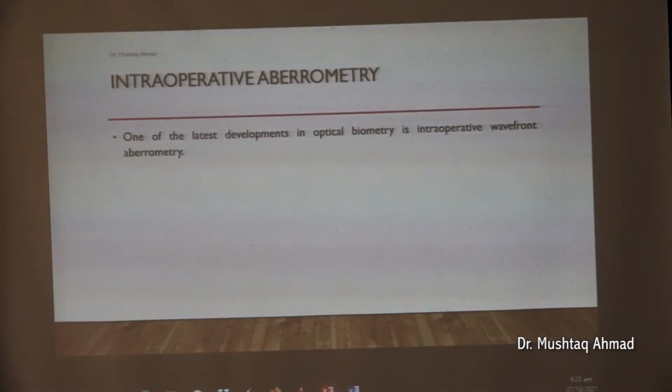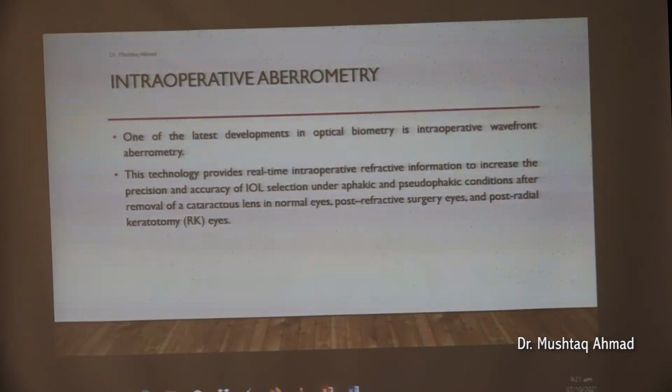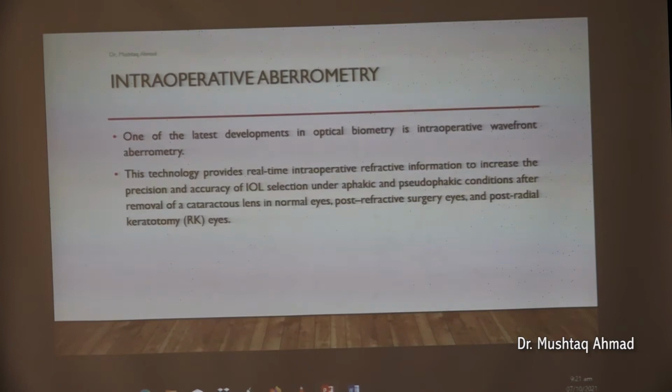One of the latest developments in optical biometry is intraoperative wavefront aberrometry. This technology provides real-time intraoperative refractive information to increase the precision and accuracy of IOL selection under aphakic and pseudophakic conditions after removal of a cataract lens in normal eyes, post-refractive surgery eyes, and post-radial keratotomy eyes, even in toric lenses, premium IOL.